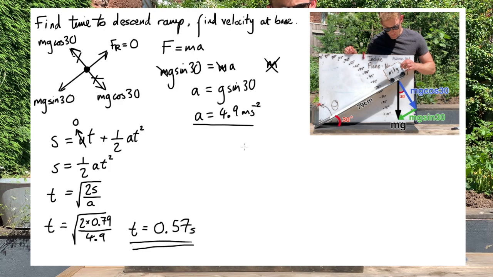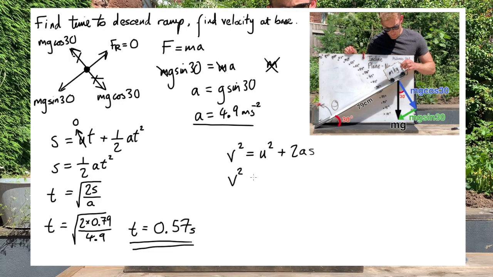Okay, the velocity at the bottom, we're going to use v squared equals u squared plus 2as for this. The reason we don't use the time for the second calculation is because there's an error in this already. I've already rounded this number, so we're not going to use it. We're going to go back to an original suvat.